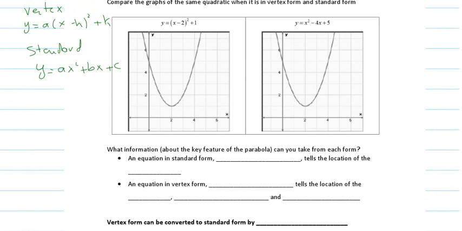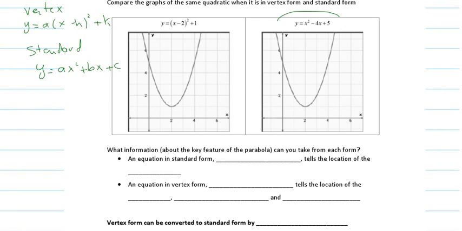What can I find from the standard form? Where would you see the vertex in this equation? Can you find the vertex just by looking at the equation? No. Is there anything on this graph that I might be able to find from this equation? The y-intercept. What is the y-intercept? 0, 5, right?